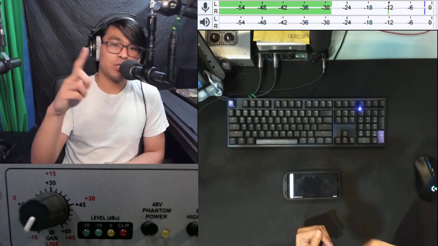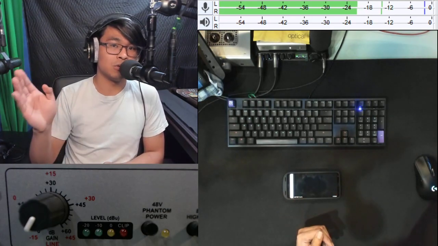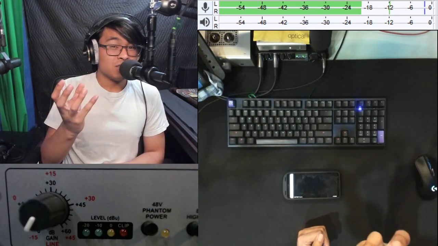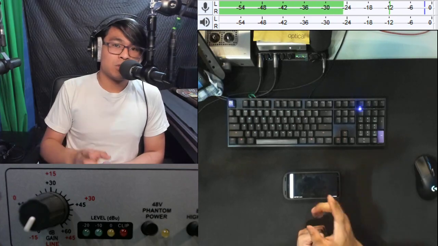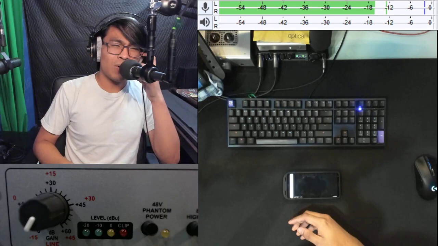We can average between -10 and 0, but we never want to be going above 0 often. You can go to +1, rarely, but you don't want to be always in that high red zone on a VU meter.